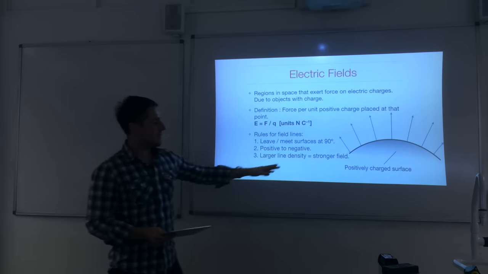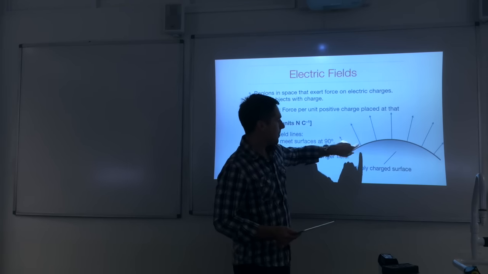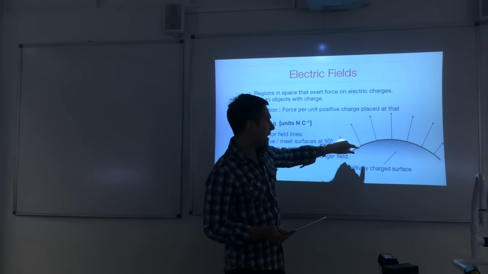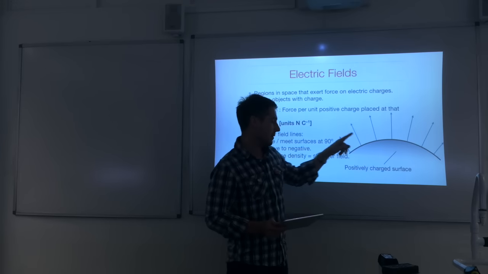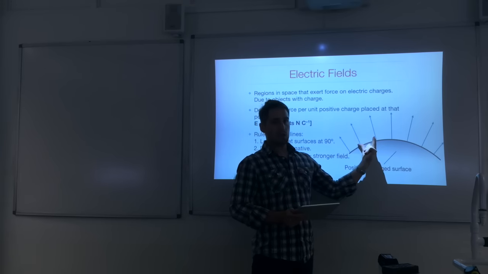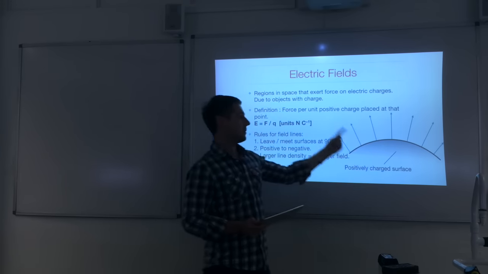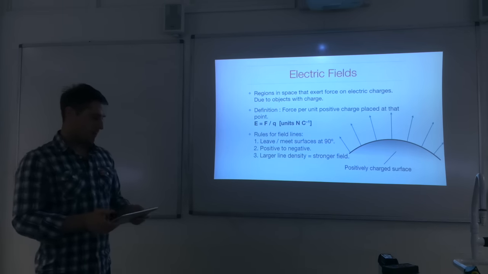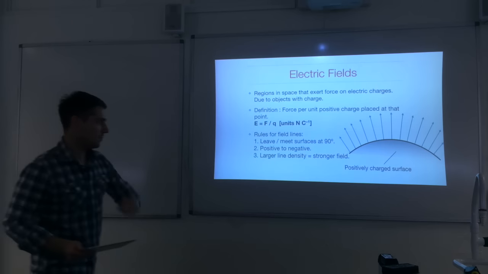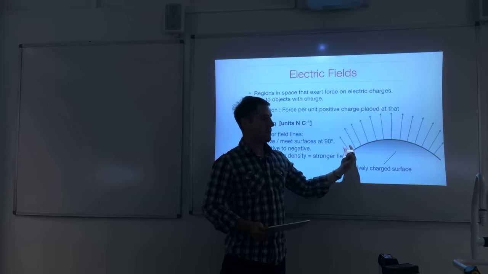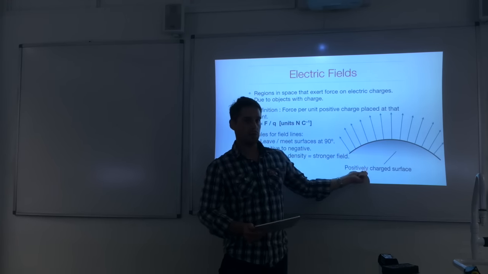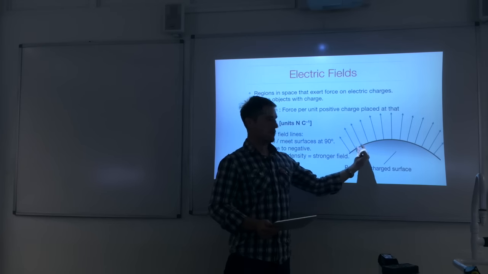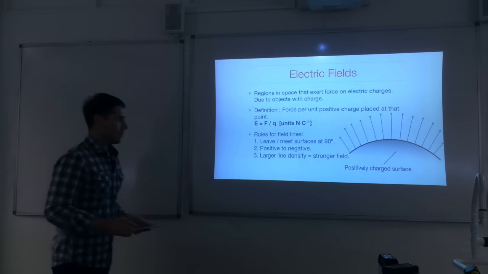And you can actually see as well that they're diverging slightly because of the curved nature of the surface, and that means we have a slightly stronger field closer to the surface than further away. And if I had drawn more lines, then that would be clearer still. Oh yeah, more lines, there we go. So you can see this is a stronger field if I had increased the charge on here, and that helps you see the divergence a little bit more clearly.